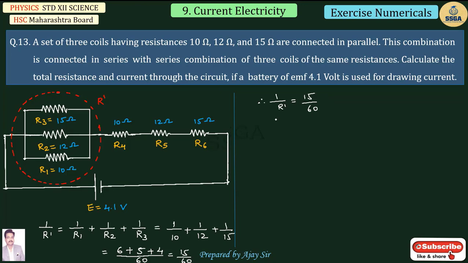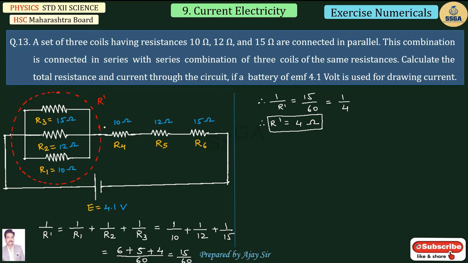Therefore this is equal to 1 upon 4. So R dash is equal to 4 ohm. This is the equivalent resistance of the parallel combination.